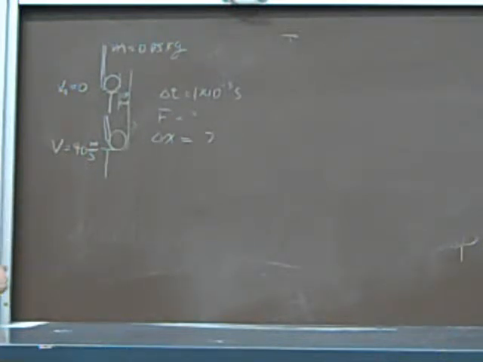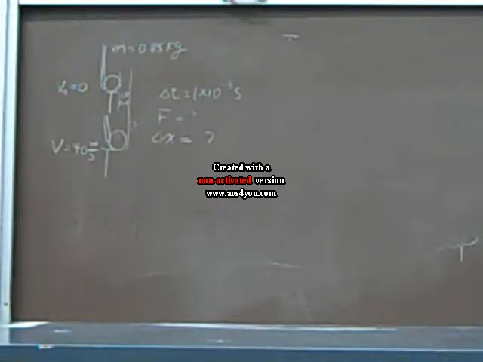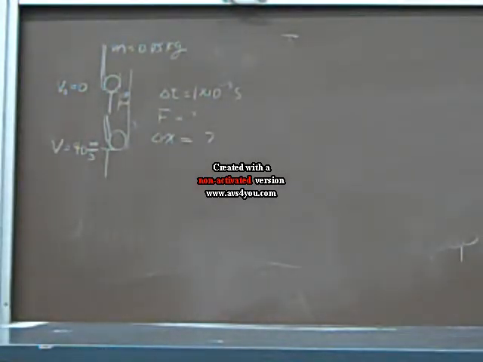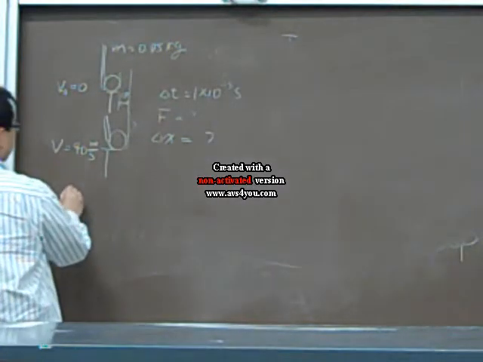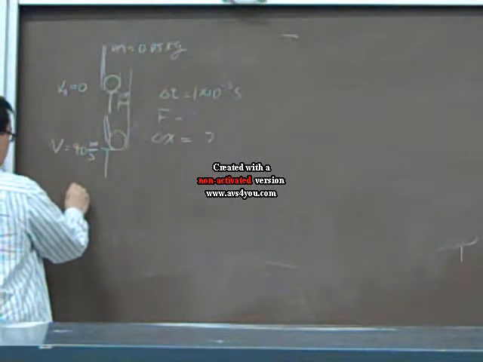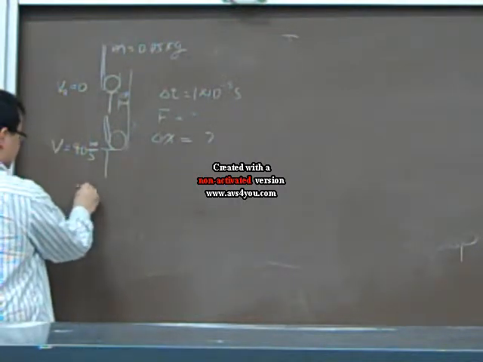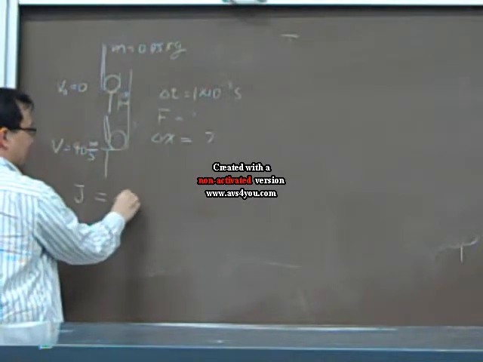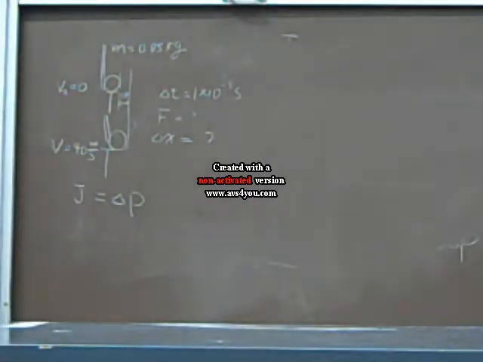And we try to calculate the force. Since we know the time, we can use the impulse momentum theorem, because that involves the time. The impulse momentum theorem says J equals delta p. This is a one-dimensional problem, so you don't have to worry about the vector stuff.